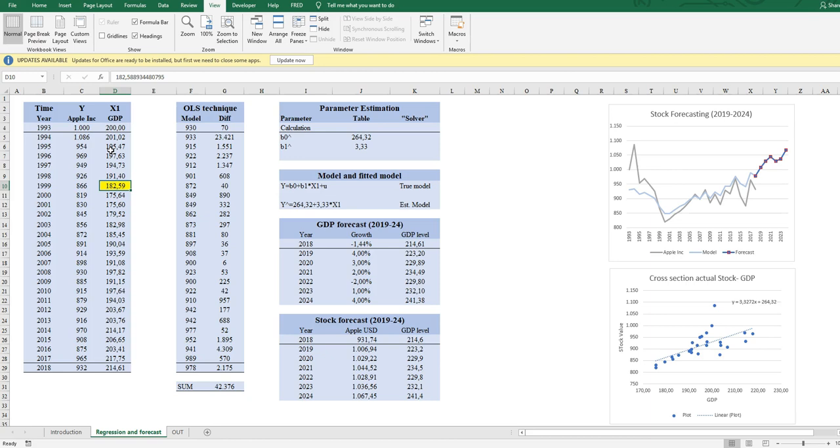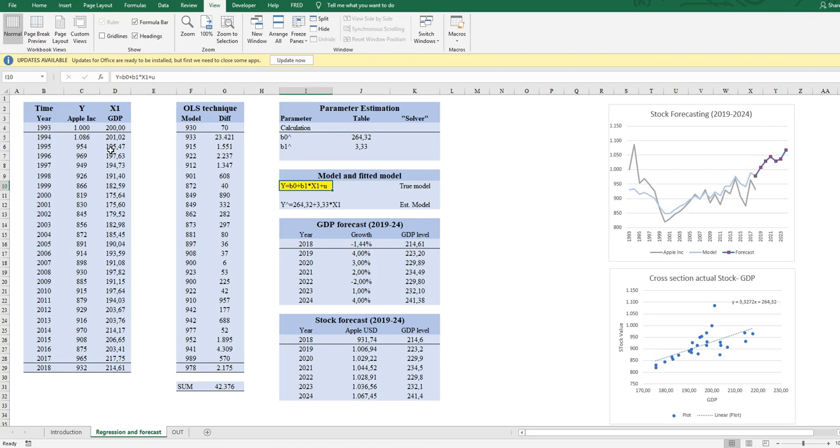Now I will build a simple linear regression model of this form, where Apple Inc., represented by Y, is supposed to be priced in a true model with a constant B0 and a slope, or B1 parameter, times the GDP, plus a disturbance term, an error term.